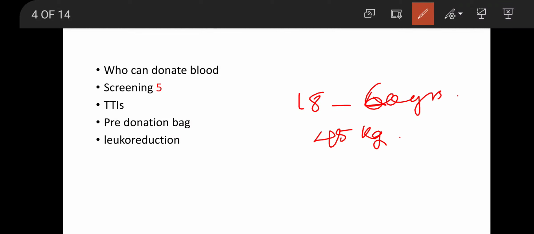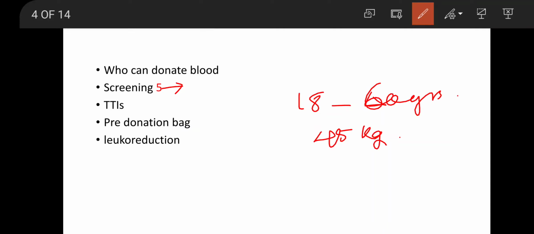Now you are doing screening for 5 diseases. Which are the diseases that you screen? See, initially the patient is asked to fill in his details like age, weight and all. Then later we look at the vitals, whether they are okay or not.